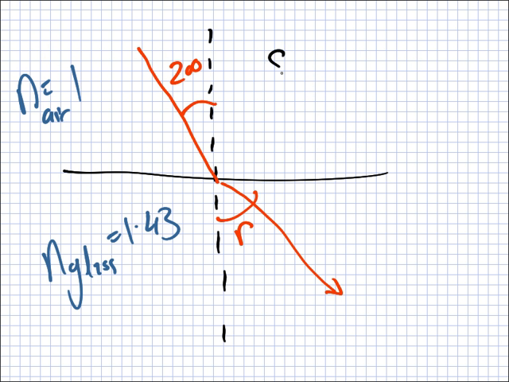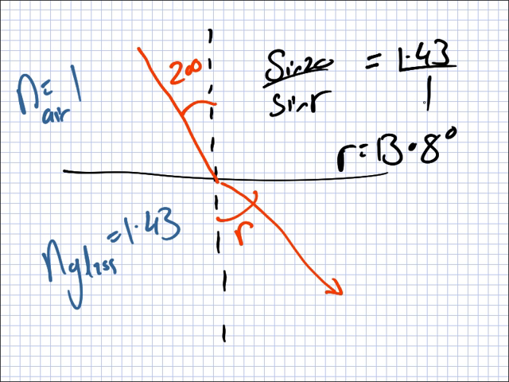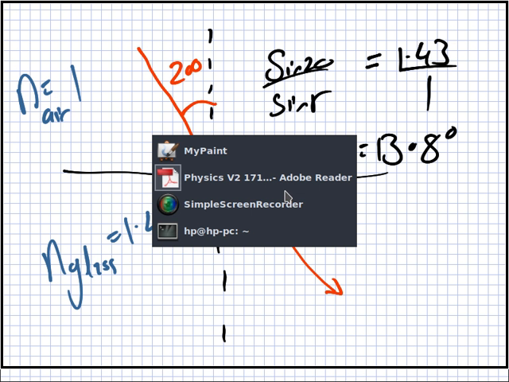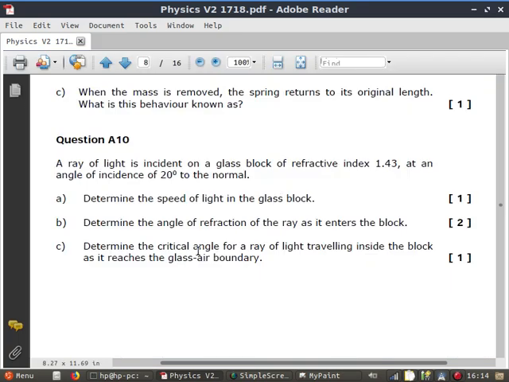So sine 20 over sine OR equals 1.43 over 1. Oh, you're in radian mode, Ben. Oh yeah. 13.8 degrees. Okay? And lastly, what is the critical angle?